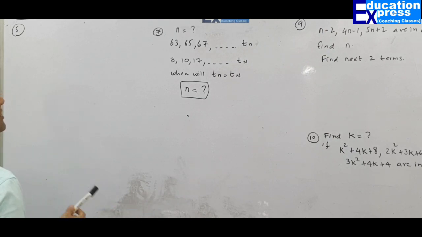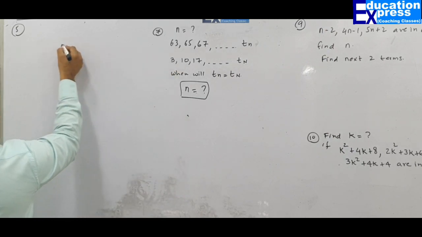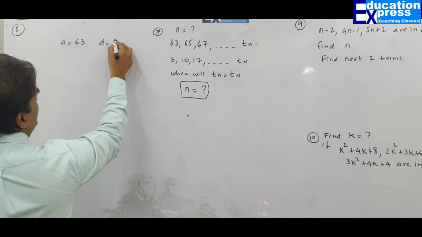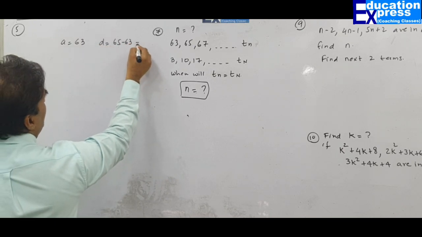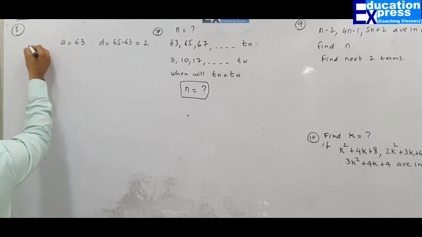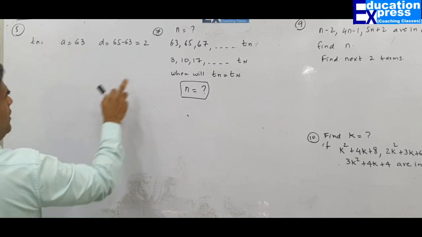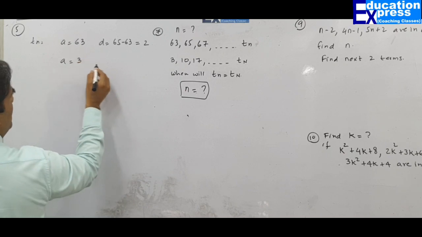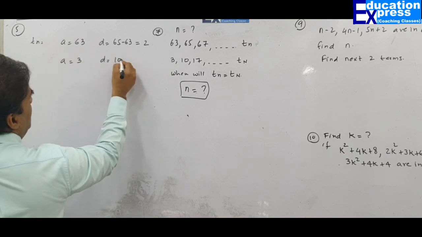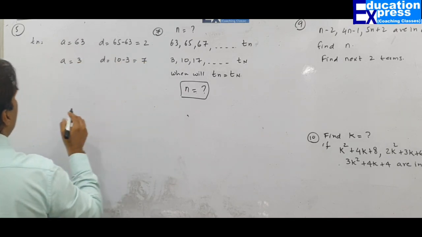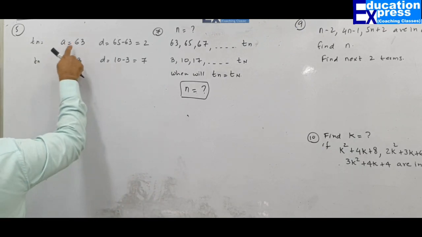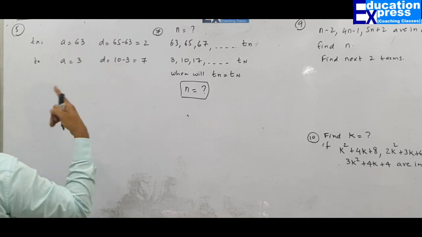So my answer would be, for the first series, a equals 63, d equals 65 minus 63, that is 2. The nth term we don't know. What about this one? Here a is going to be 3, so d will be 10 minus 3, which is 7. What about the nth term? We have no clue. But the nth terms of the two series are the same.